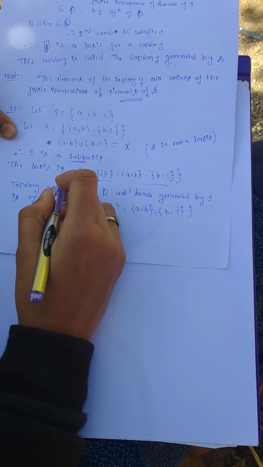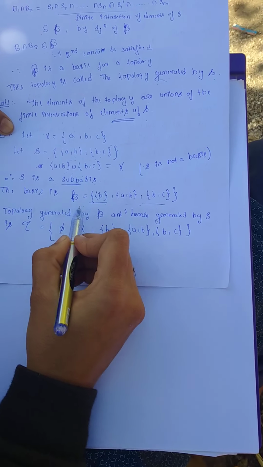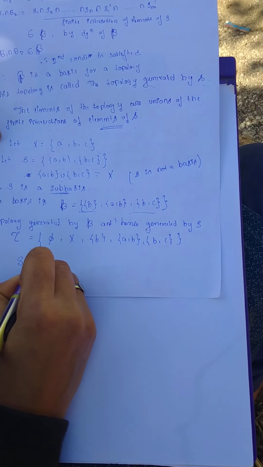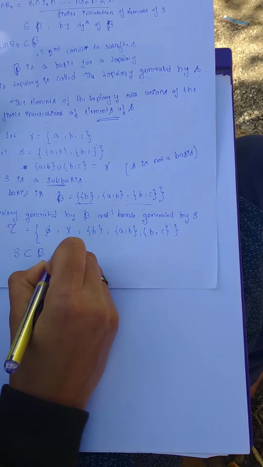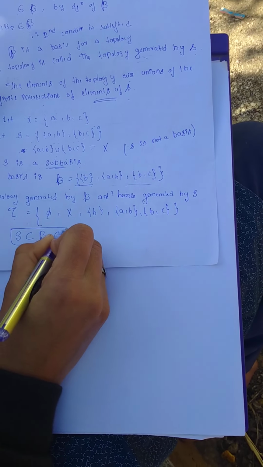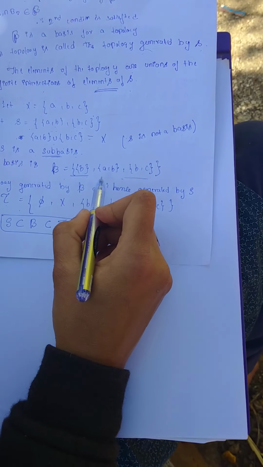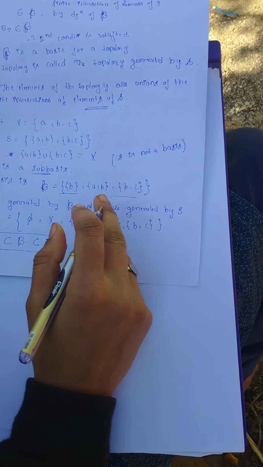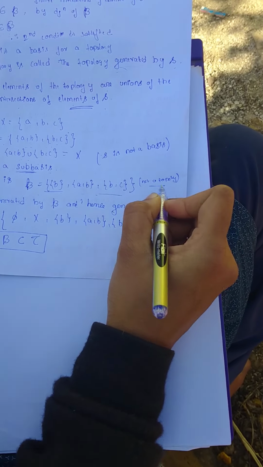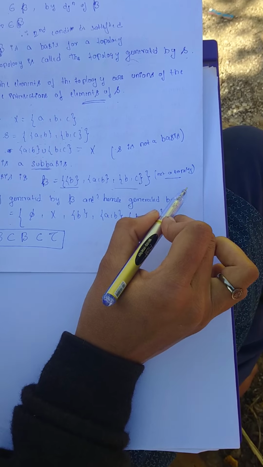Therefore, we look at S, B and then tau. We note that S is a subcollection of B, which is a subcollection of tau. So this is a basis of a topology. This is not a topology. A basis need not be a topology. A topology need not be a basis.